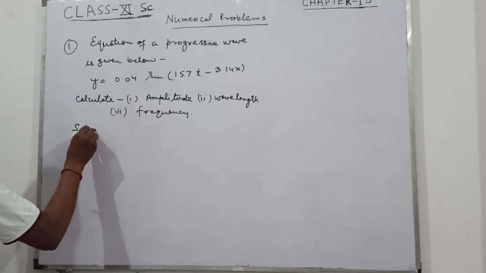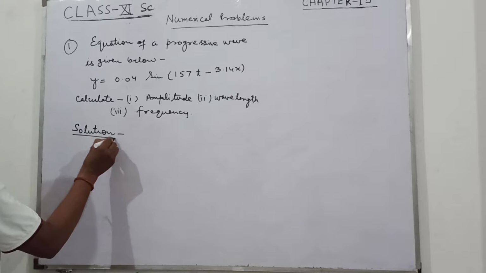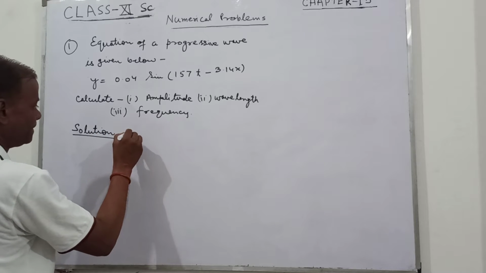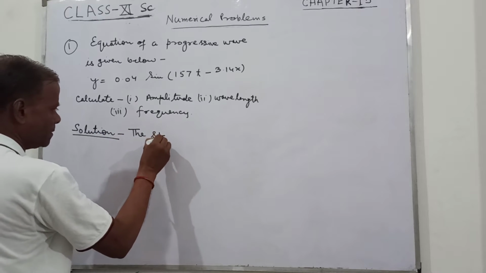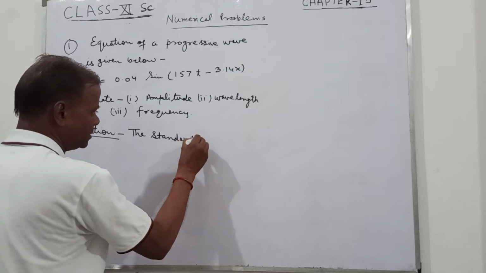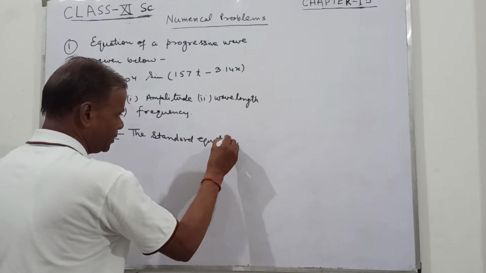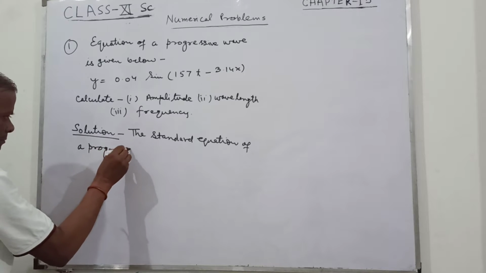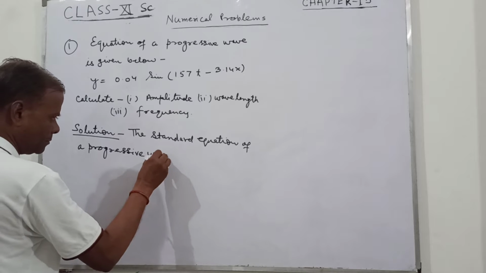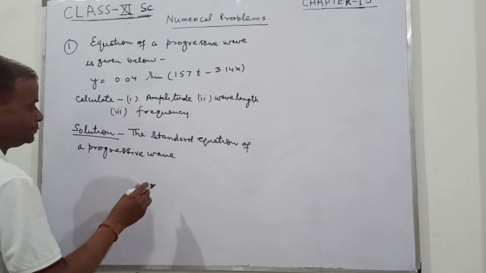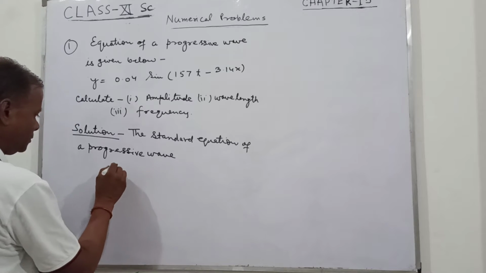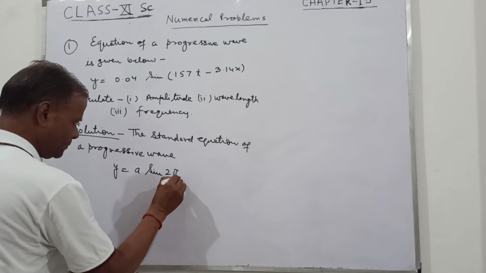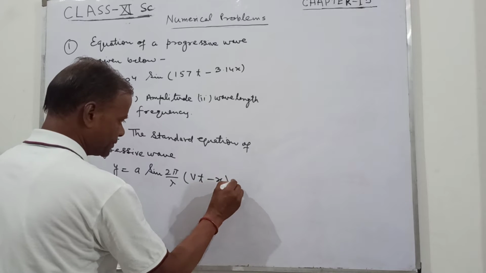Solution. We know the standard equation of a progressive wave: y equal to a sin 2 pi upon lambda into (vt minus x).